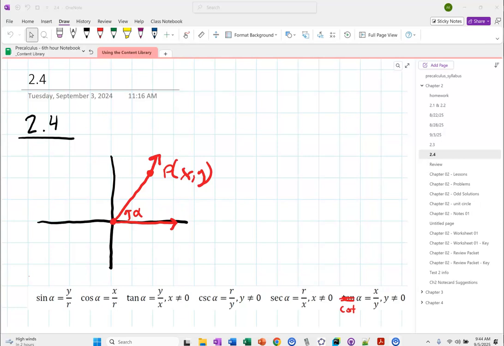So just to kind of rehash where we have been so far in chapter 2, right? We started by talking about sine, cosine, and tangent. We defined sine, cosine, and tangent using SOHCAHTOA, right? Using an acute angle from a right triangle.